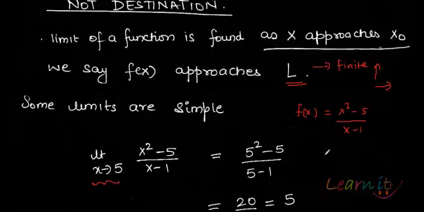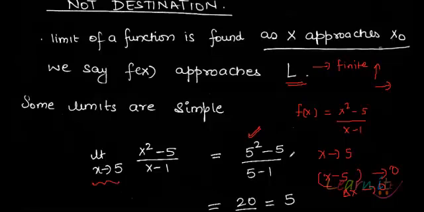We want to know what happens to the function as x approaches 5, or x minus 5 approaches 0, which is my delta x approaching 0. So I can just put 5 in place of x.